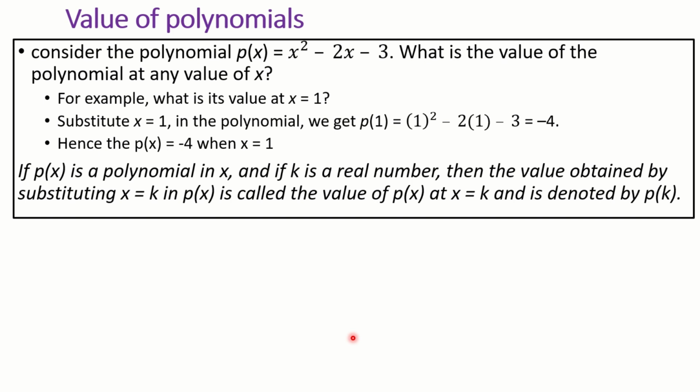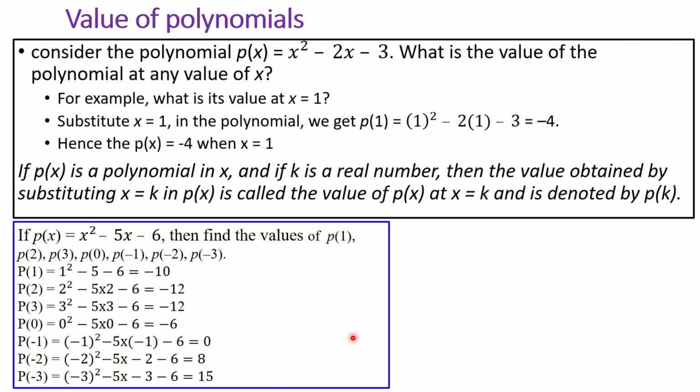If p of x is a polynomial in x and k is a real number, then the value obtained by substituting x equal to k in p of x is called the value of p of x at x equal to k, and it is denoted by p of k. That's the definition. So here is an example. Suppose they gave a polynomial x square minus 5x minus 6. Find the values of p of 1, p of 2, p of 3, and so on.